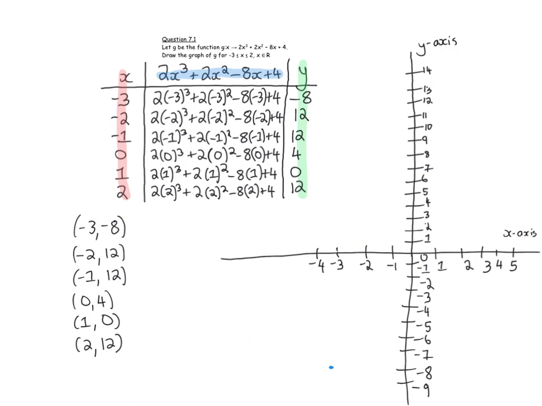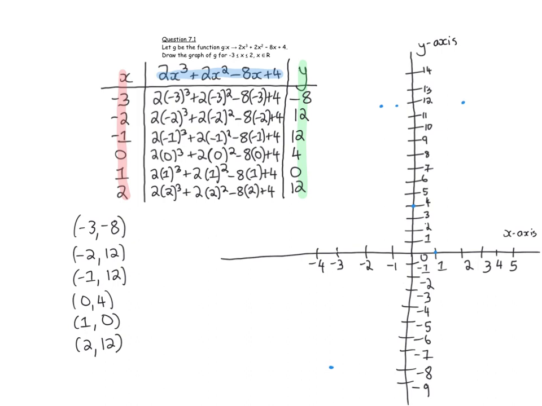Then we have minus 2, 12, so that's approximately here. Next we have minus 1, 12, which is approximately here. We have 0, 4, which is approximately there. We have 1, 0. We have 2, 12.